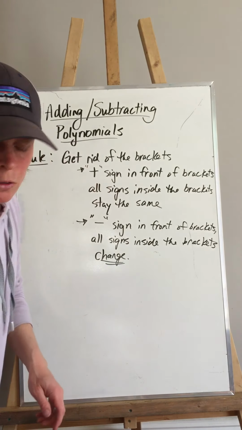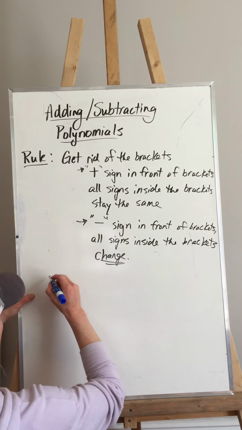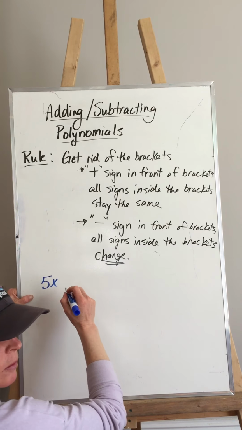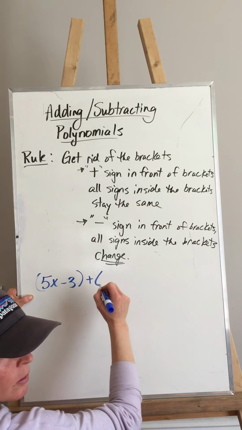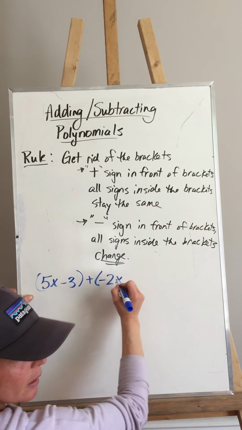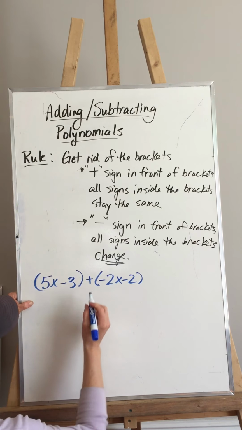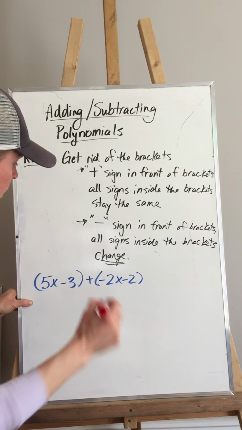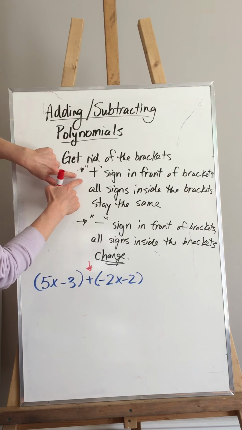Okay, so an example. 5x minus 3 plus negative 2x minus 2. Okay, so here we have a plus sign in front of the brackets, so we're in this scenario.